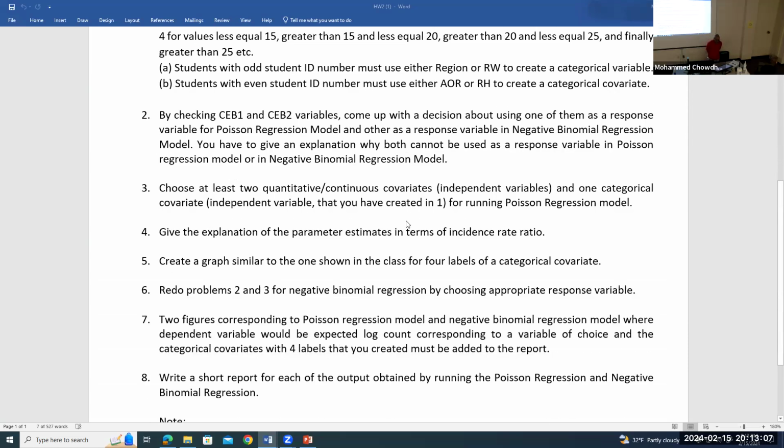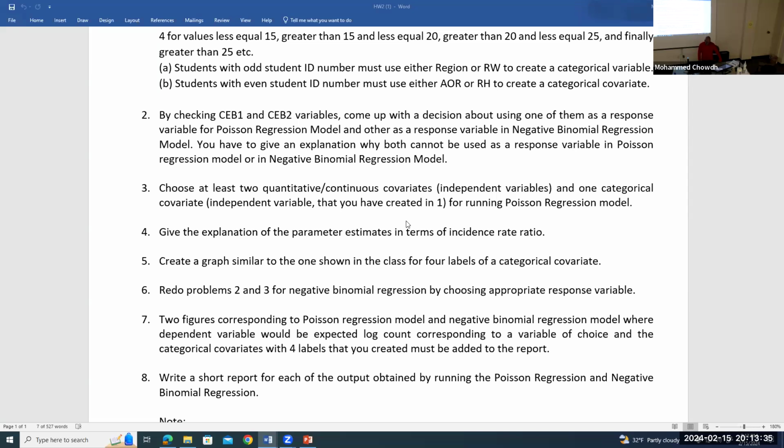Choose at least two quantitative variables. So in your predictor variables, how many continuous variables should be there? At least two quantitative or continuous variables. Suppose Shafali chooses respondent weight as the categorical variable.